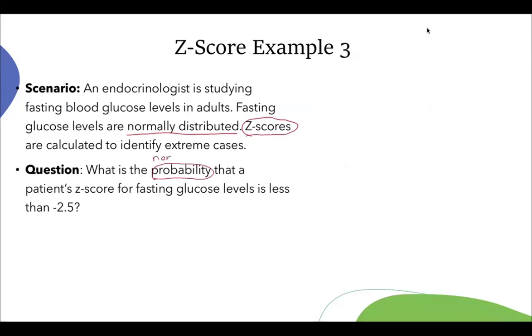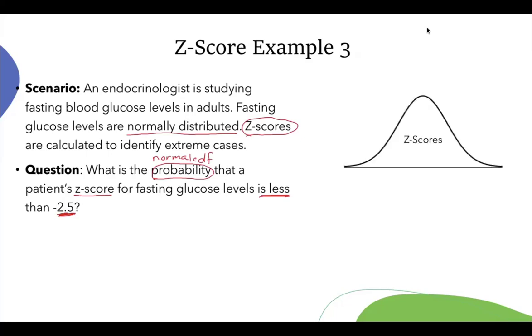So use normal CDF to answer a probability question that a patient's z-score is less than negative 2.5. So less than a z-score is going to indicate that the area in question is to the left of that z-score.